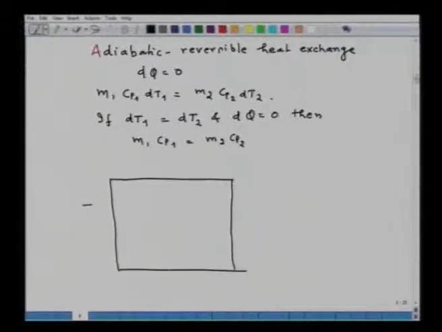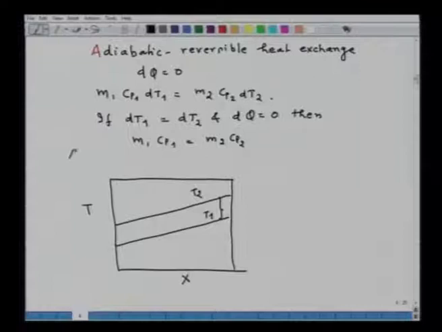Here again, x is the distance, this is the temperature T2 of the hot fluid, and this is the temperature T1. So, this difference is due to the thermal resistance of the separating wall and because of the flow of the fluid.